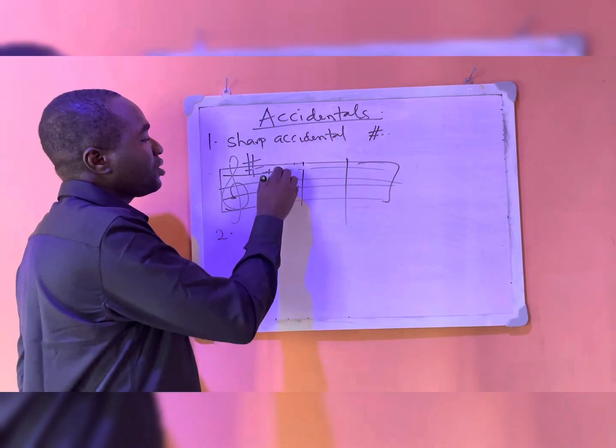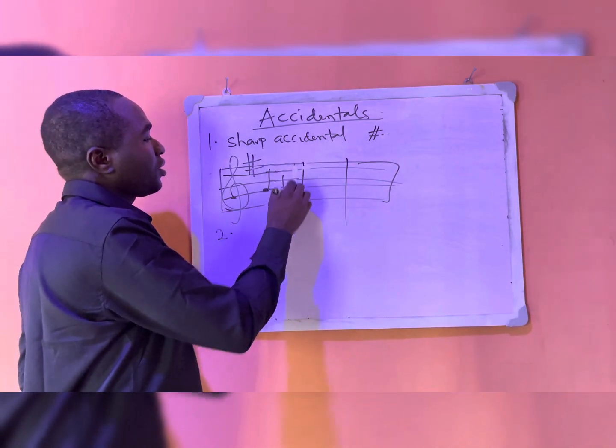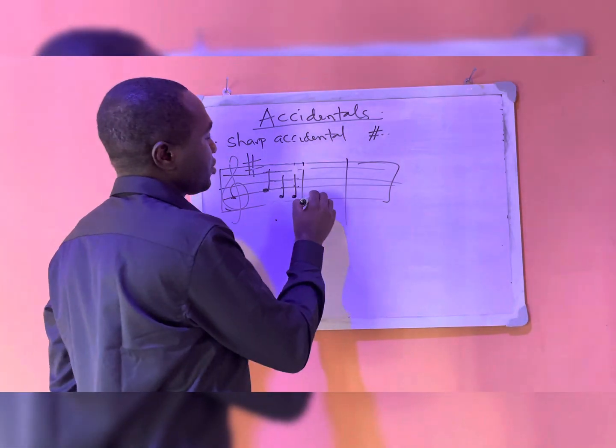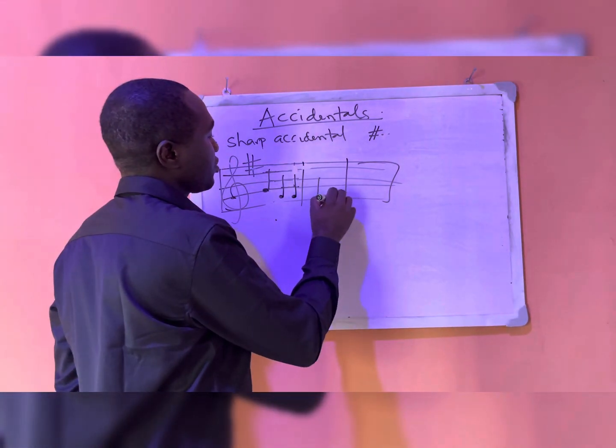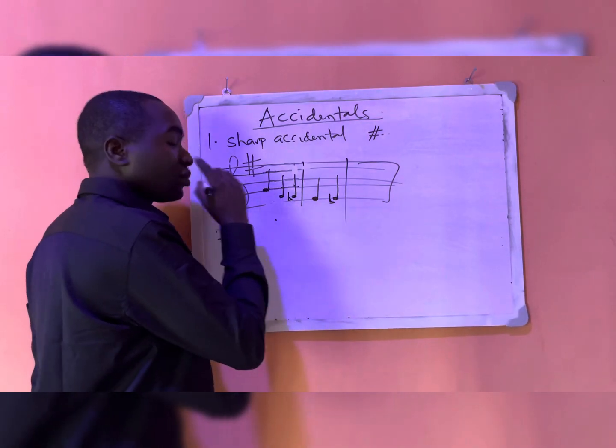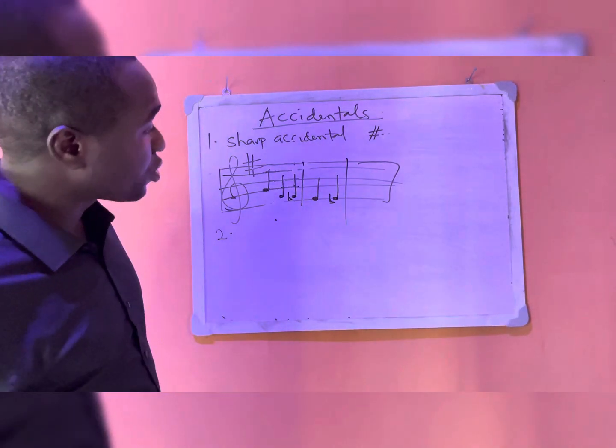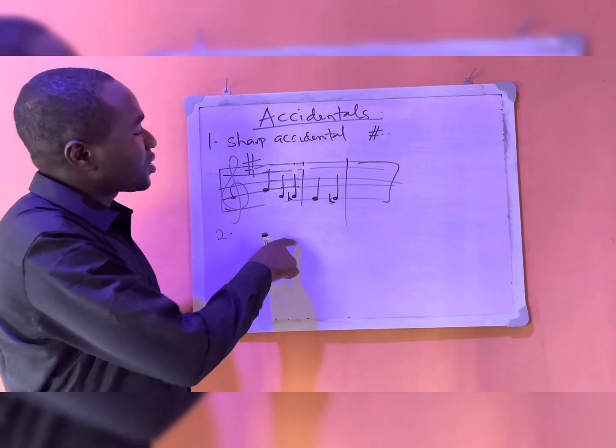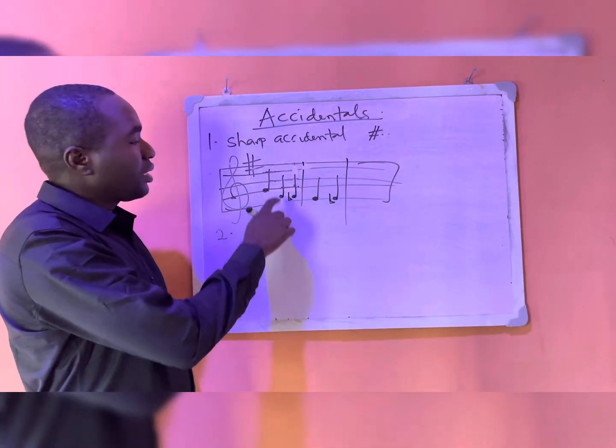This is our ti. A flat reduces a note by a semitone. So let's transcribe this. This is our do. This is our ti.